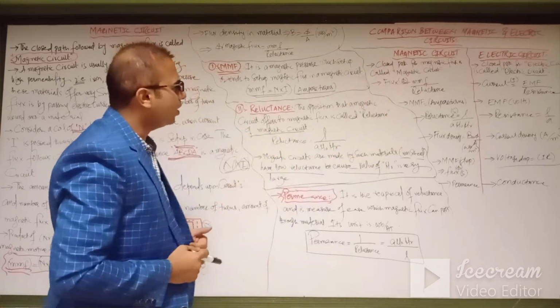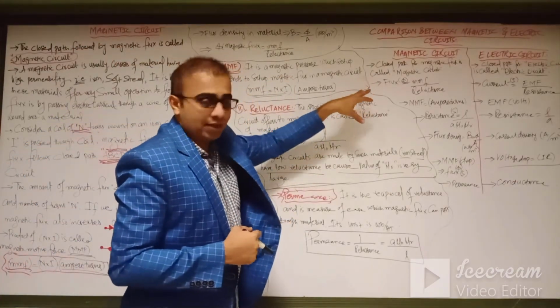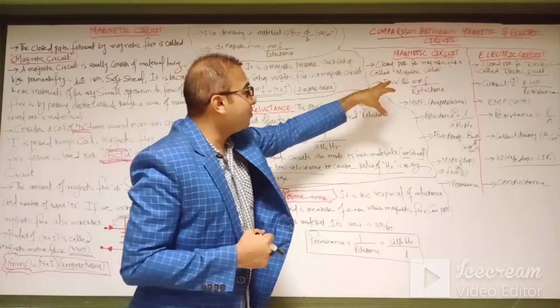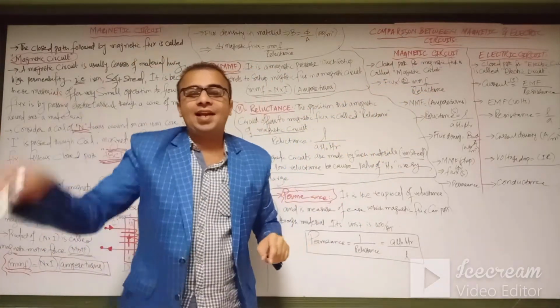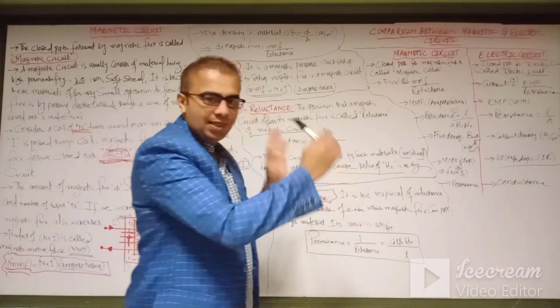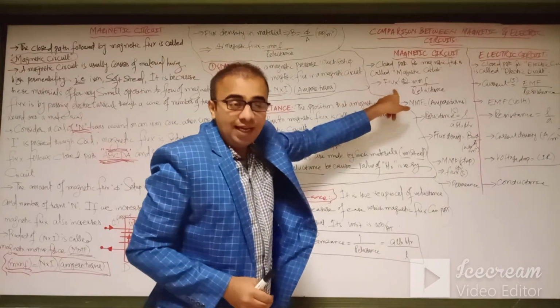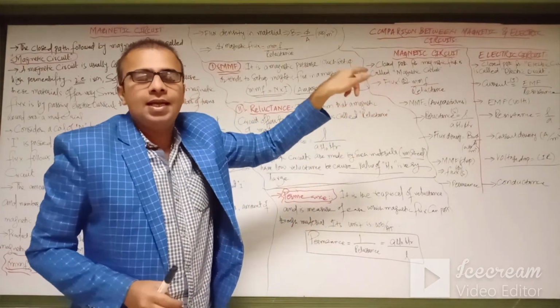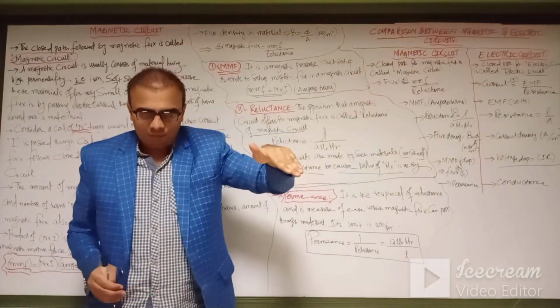The first point is that the closed path for magnetic flux is called a magnetic circuit, and the closed path for the flow of electrical current is called an electric circuit. This is the main resemblance. The flux phi in the magnetic circuit is the ratio of MMF divided by reluctance.